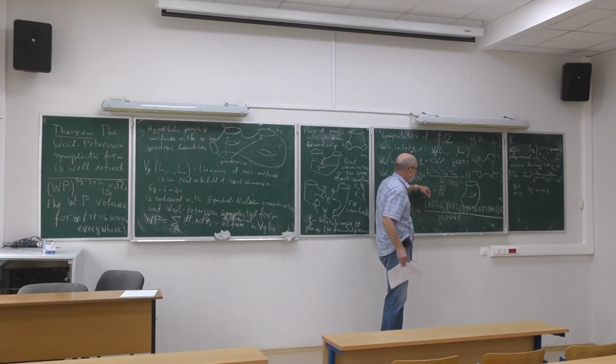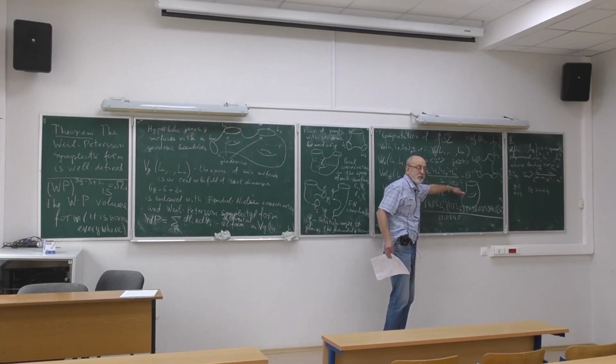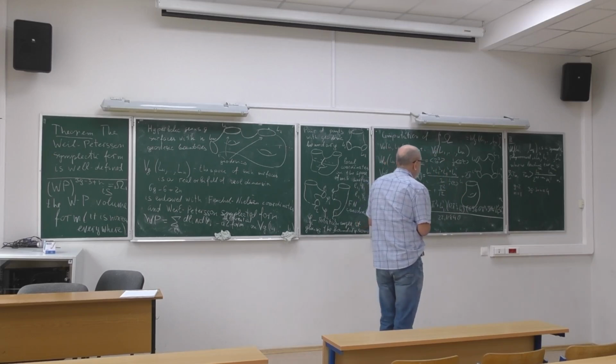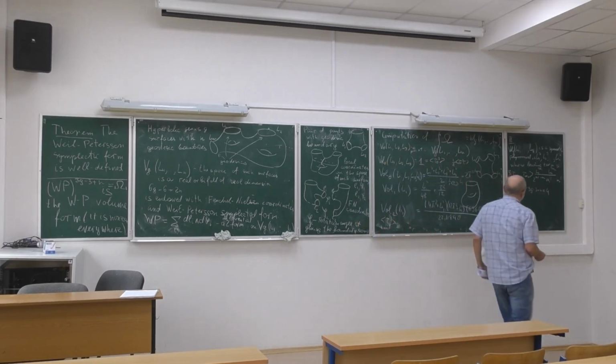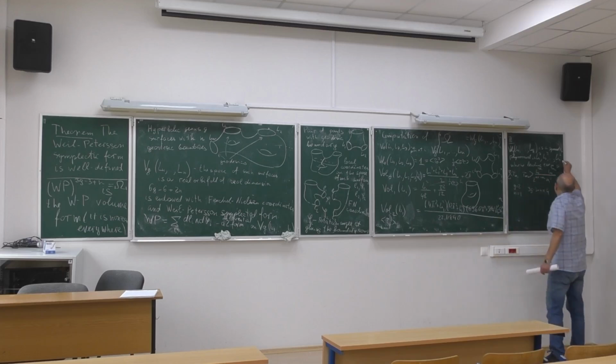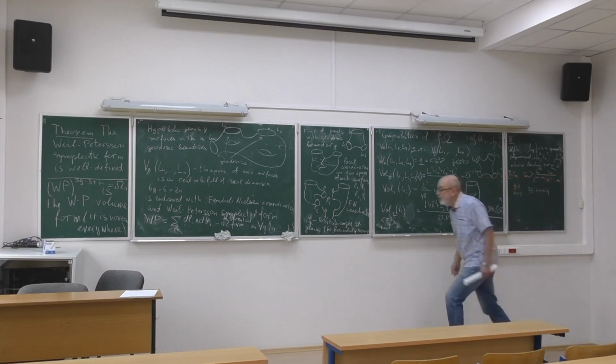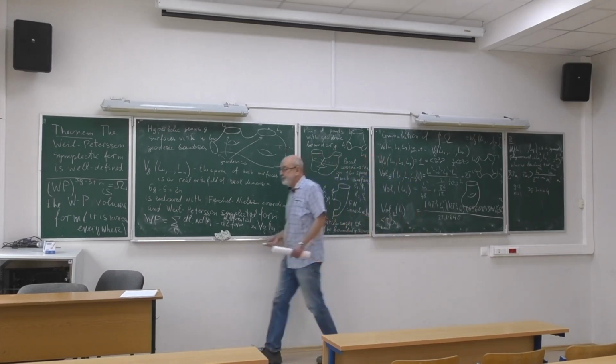The next term contains pi squared, the next term contains pi to the power 4, and so on. It's also homogeneous with respect to, I may add here pi squared. Great.